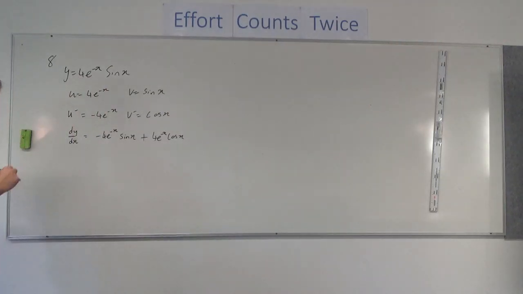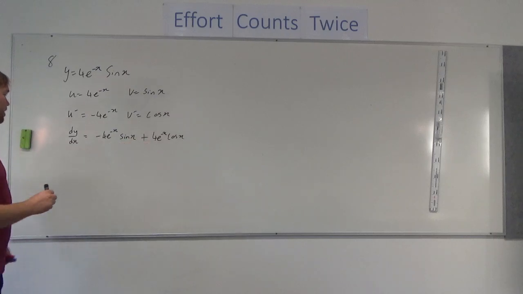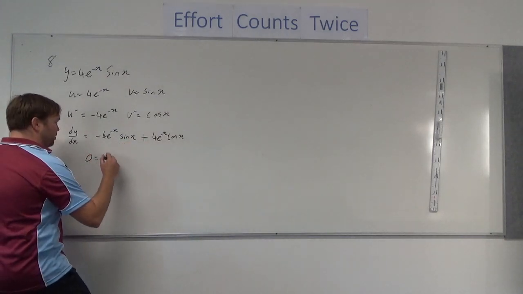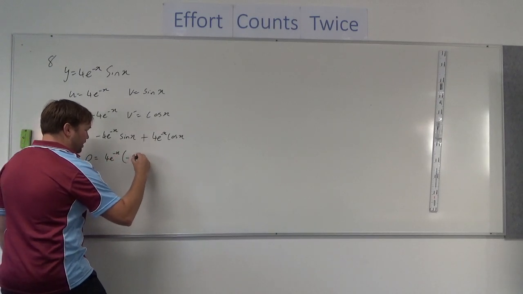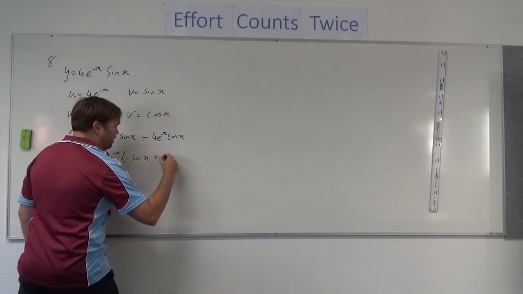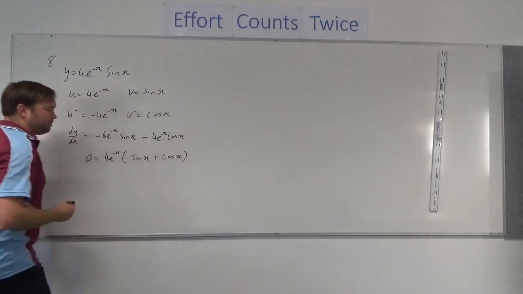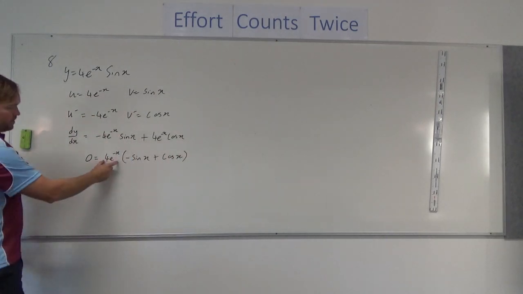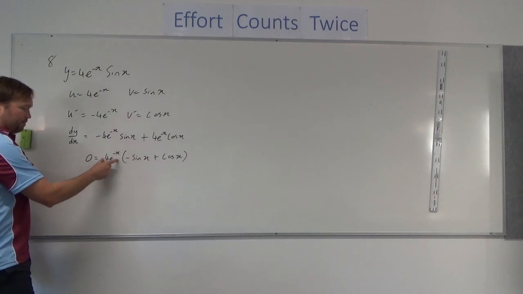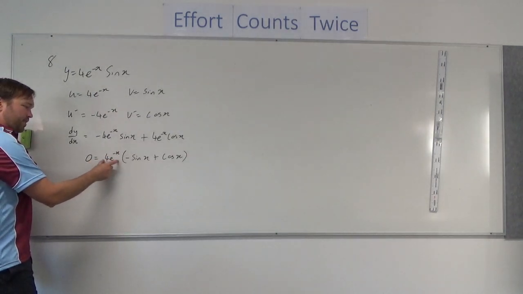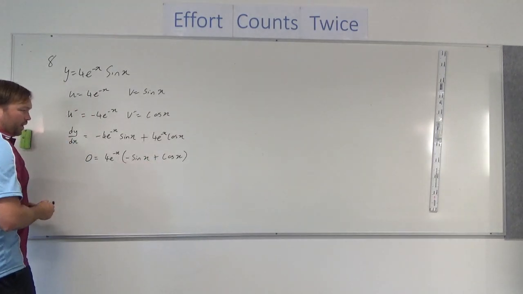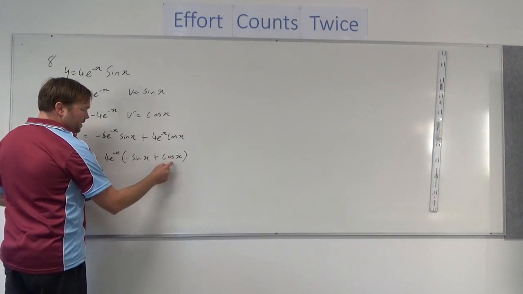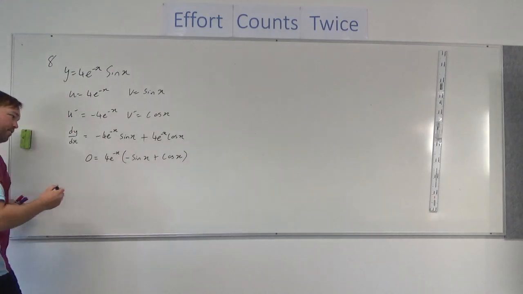So if I was going to equal that to 0, I would factor out the biggest common factor. So 0 equals 4e to the minus x, bracket minus sine x plus cos x. Now, this can never be 0. e to the power of anything is positive. That's positive. This is where our solution will come from. So we're looking for when minus sine x plus cos x is 0.